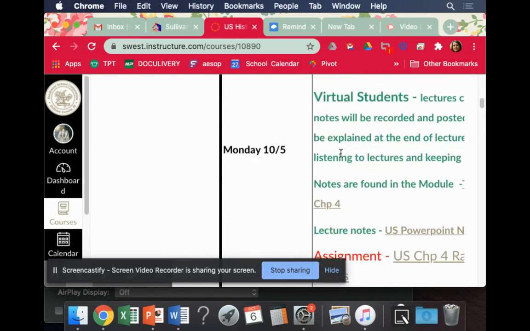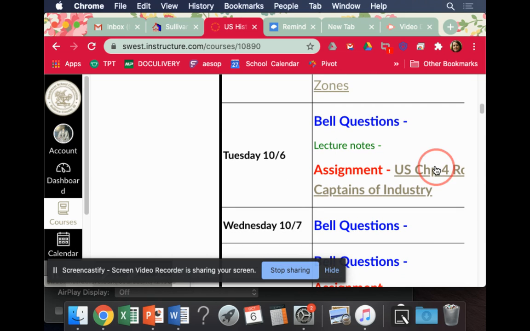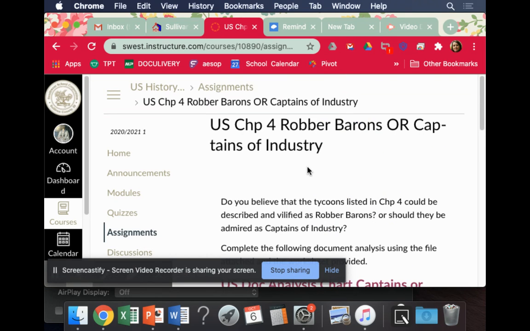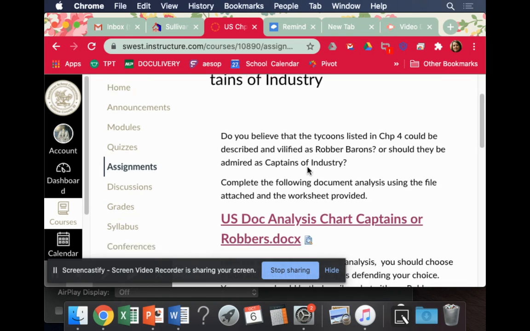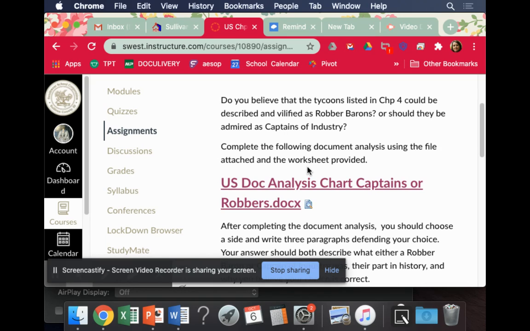And it is called Captains of Industry. If you look at this assignment, do you believe that the tycoons listed in Chapter 4 could be described and vilified, and vilified means villains, as robber barons, or should they be admired as captains of industry? Complete the following document analysis using the attached file and the worksheet.